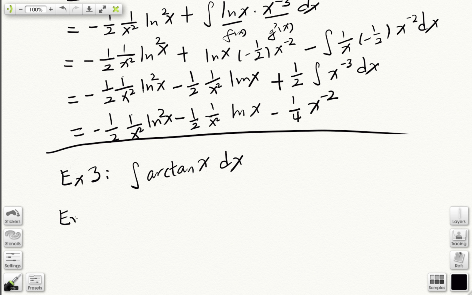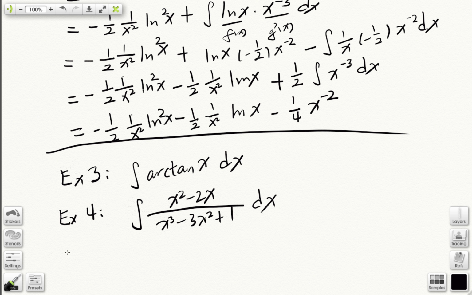And exercise 4, which is this one. And finally, exercise 5, which is this.